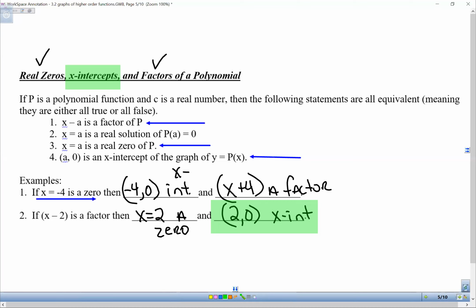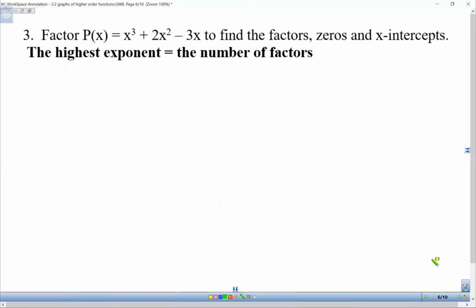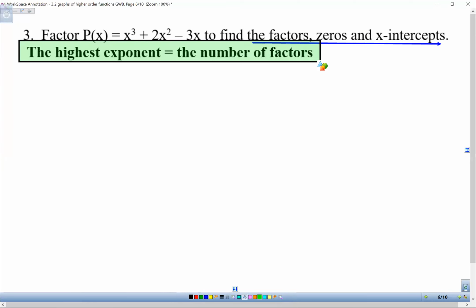Okay, so here's our polynomial. They want us to find the factors, the zeros, and the x-intercepts. So if you remember from before, we talked about this. The highest exponent in our polynomial tells us how many real factors we have. So basically, the highest exponent here is 3. So we should end up with 3 factors, which means we have 3 zeros or 3 x-intercepts.